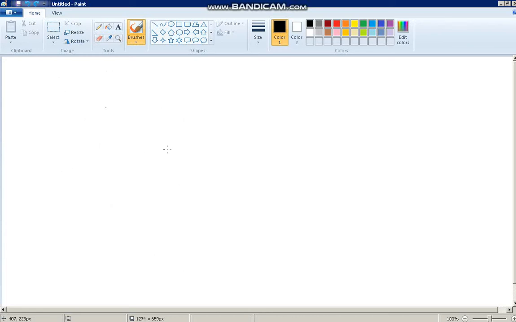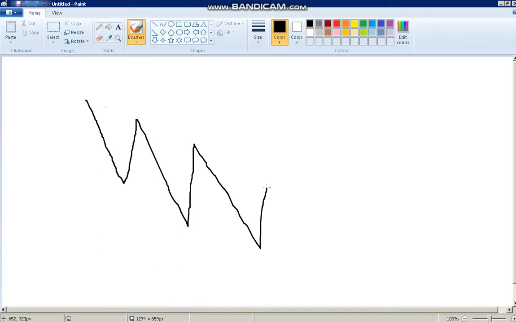So let me create something that's clearer. This is what you probably see. With technical analysis, you would see that to plot a trend line, you need 3 touches.